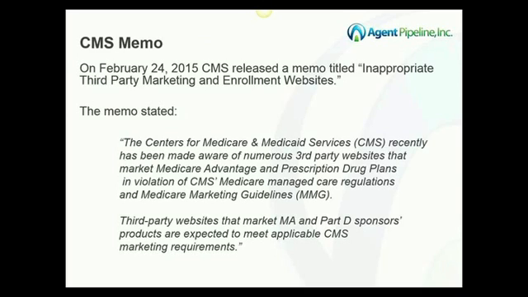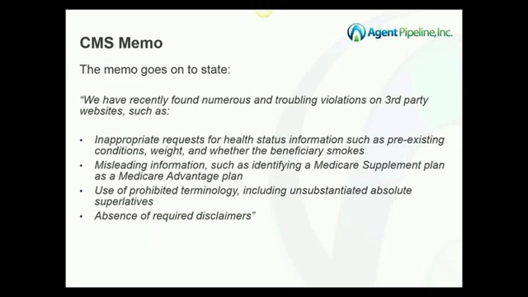It went on to say that it was including things like asking for health information, different inappropriate requests for health status, misleading information such as identifying a Medicare supplement plan as a Medicare Advantage plan, or not being clear about what they were talking about. Use of prohibited terminology, which mainly included unsubstantiated, absolute superlatives, and then an absence of required disclaimers. So that's probably what we see more than anything when we start taking a look at agent websites.